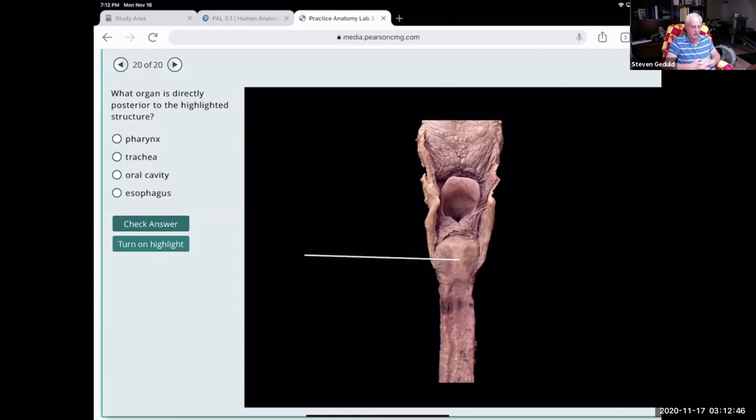Your butterfly shaped cartilage right there. What is directly behind it? If you puncture that area, what would you go into? You go into the pharynx, the trachea, the oral cavity, or the esophagus. The esophagus or trachea, my bad.